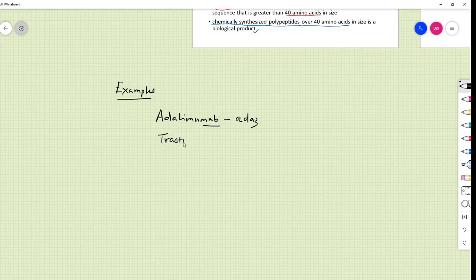Then trastuzumab, again a monoclonal antibody, with the suffix QYYP. Then there is filgrastim. These are all representative examples.